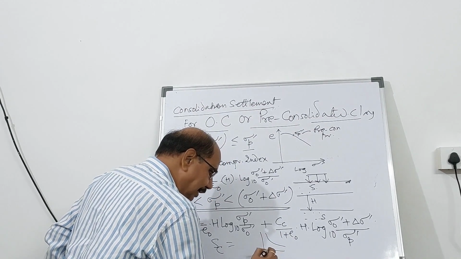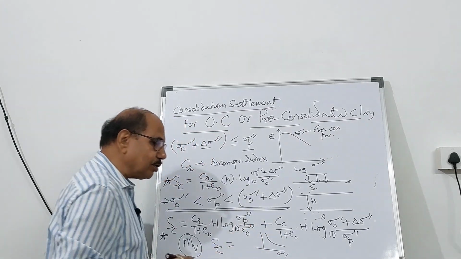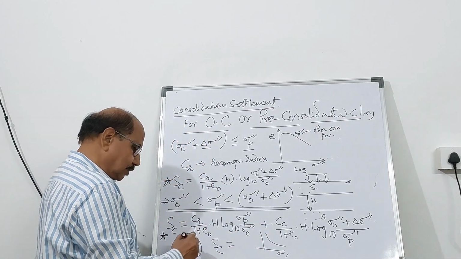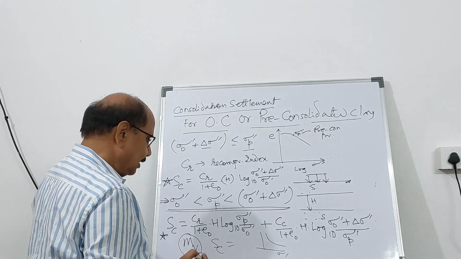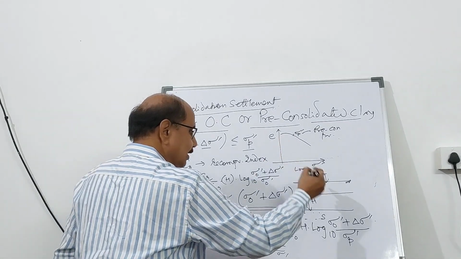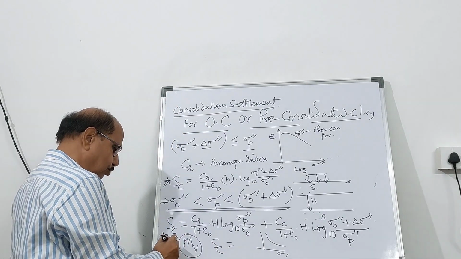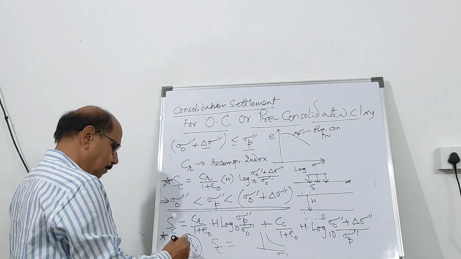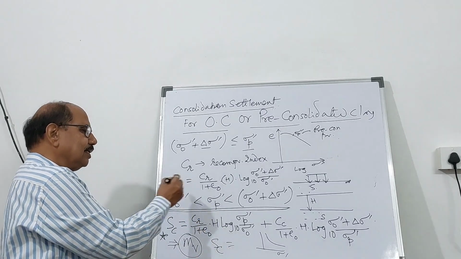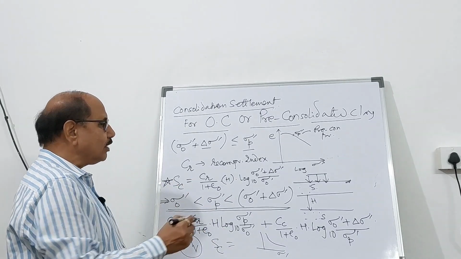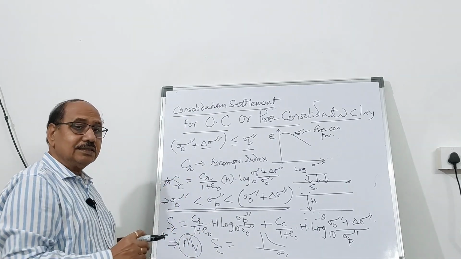As the pressure range changes, the value of mv is also going to change. It doesn't have a unique value like Cc, whereas Cc, you can see, is a straight line. So we can make use of both mv and Cc, CR in order to calculate, as the ground condition may be, the consolidation settlement.